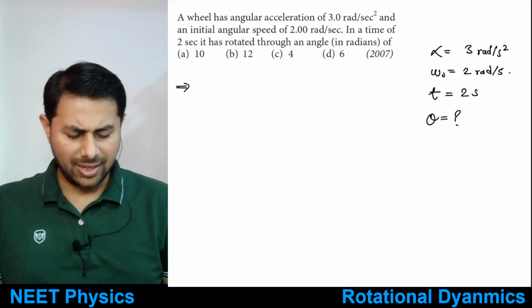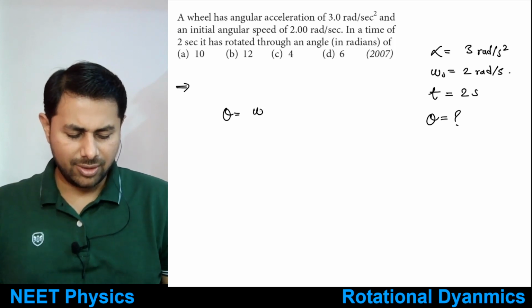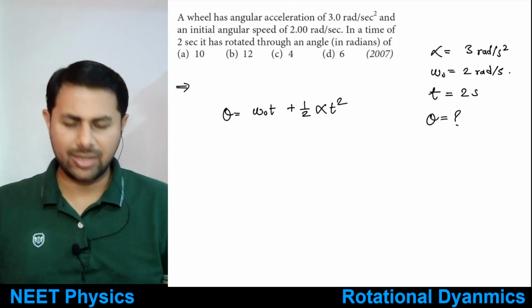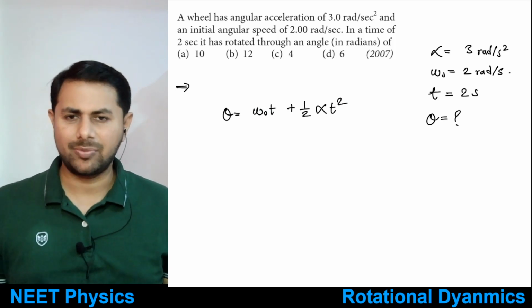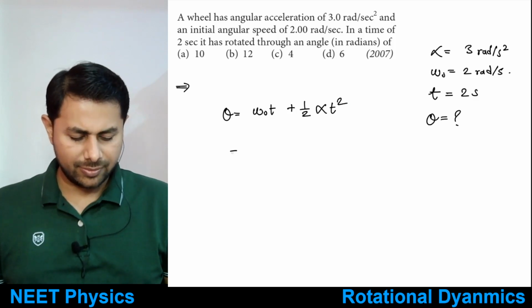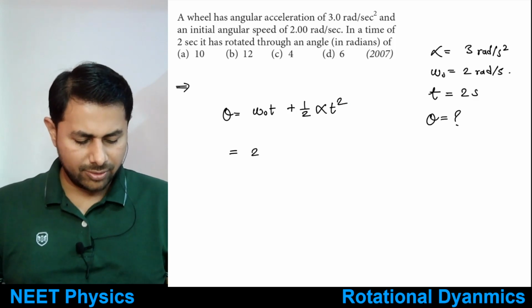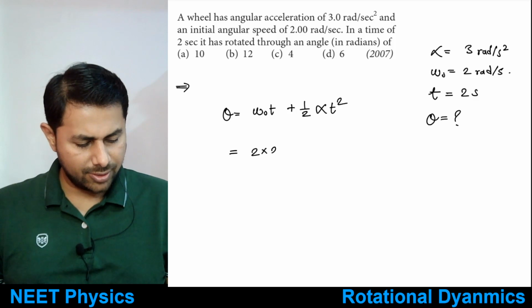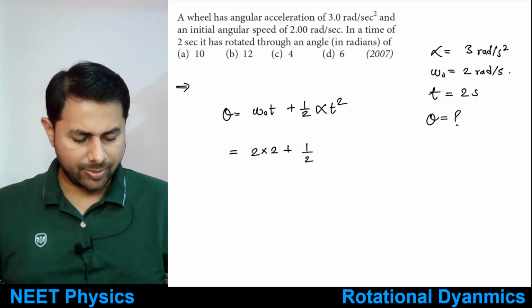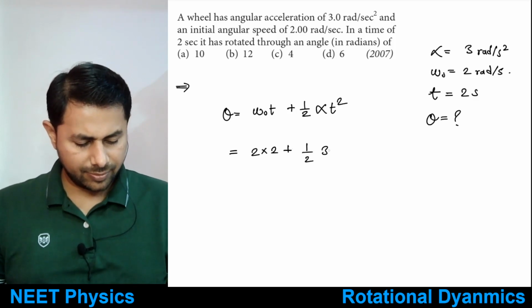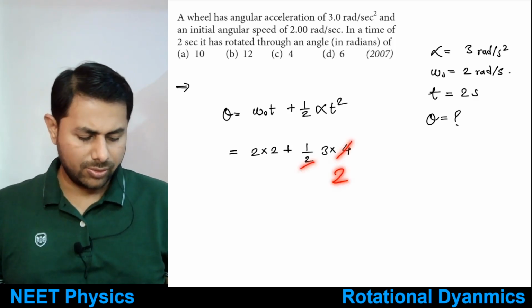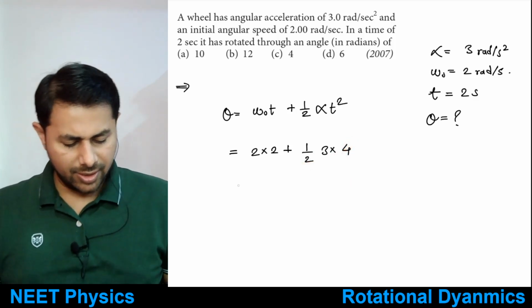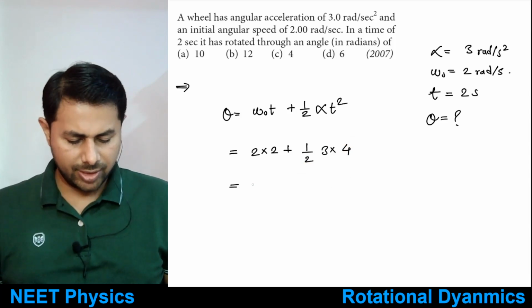So this is a direct question. Theta is equal to omega naught t plus half of alpha times t square, right? We just need to make use of the kinematic equation for rotational motion. So that is 2 times t, t is 2, plus half of alpha is 3 times 2 square, means 4, 4 by 2 is 2, 2 times 3 is 6, so 4 plus 6 means 10.